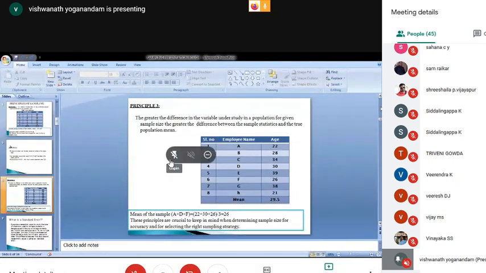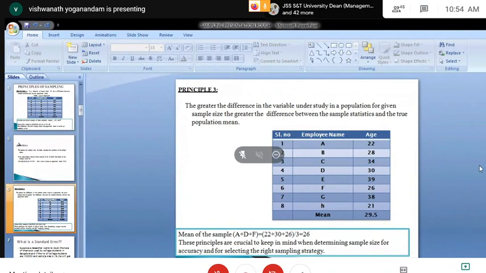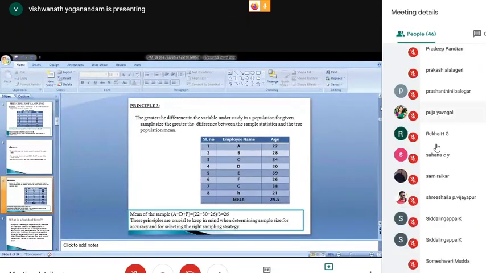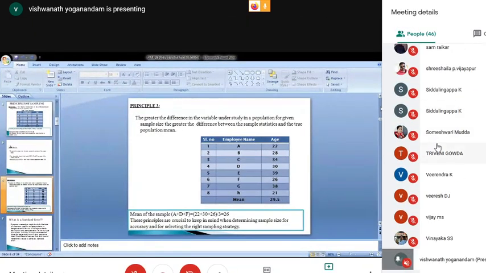And the third one is principle 3. Principle 3 is, the greater the difference in the variable under study in the population for a given sample size, the greater the difference between the sample statistics and the true population mean.